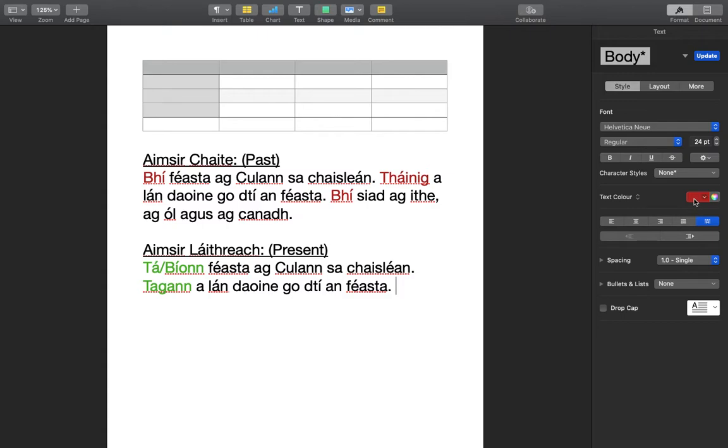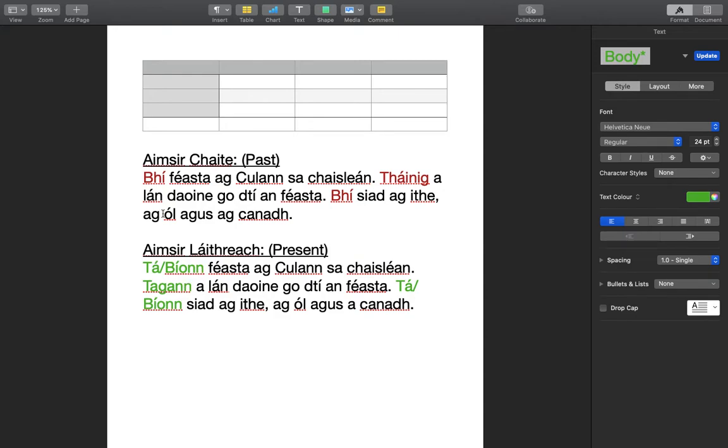I want to do this in the green. I'm going to change to tá or bíonn, because it was the past verb. So tá siad ag ithe ag ól agus ag ceol. So there's my first shlucht, my first paragraph changed into the present tense.